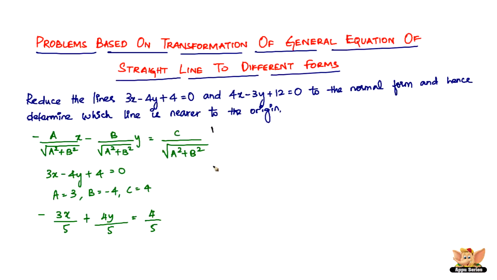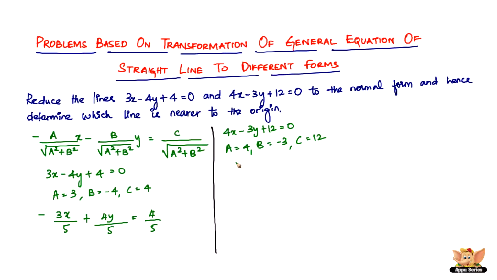So let's take the next line, which is 4x minus 3y plus 12 equal to 0. In this case, a equals 4, b equals minus 3, and c equals 12. Well, it's not very different at all. Of course, a is 4 and b is 3, that is different. But what I'm saying is together it's 4 and 3, which doesn't make a difference to the denominator. a square plus b square under the square root is still going to give you 5.